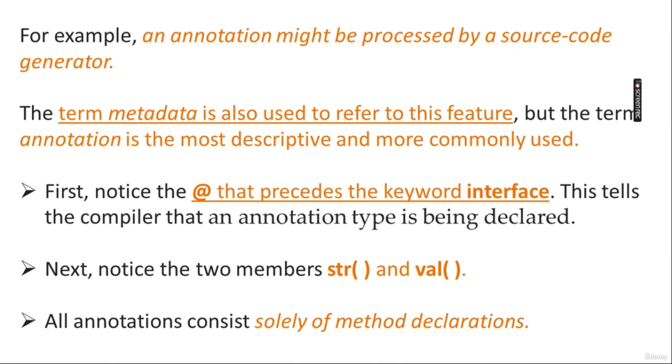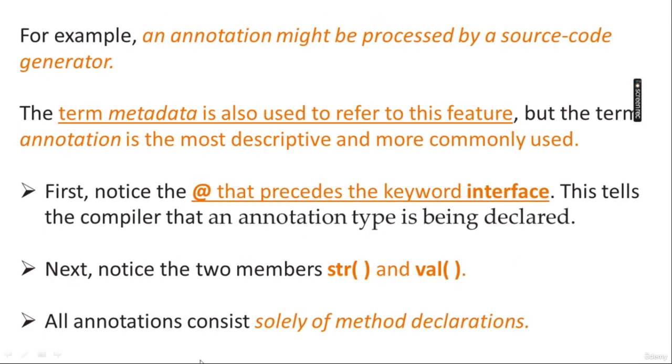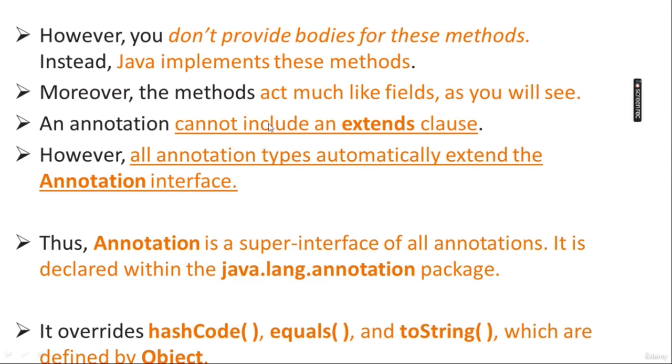@ precedes the keyword interface. This tells the compiler that an annotation type is being declared. Notice the two members, string and value. All annotations consist solely of method declarations. You don't provide bodies for these methods. Java implements these methods.